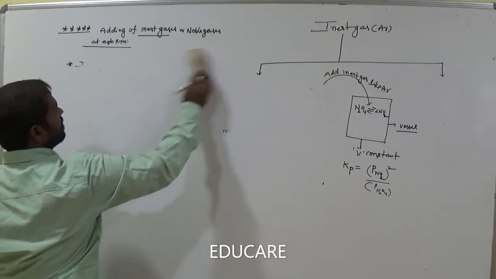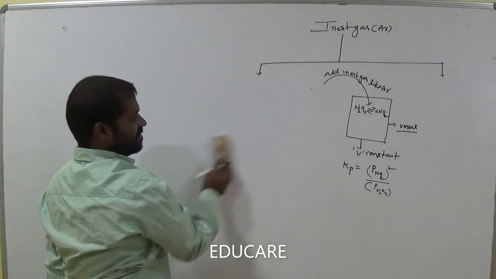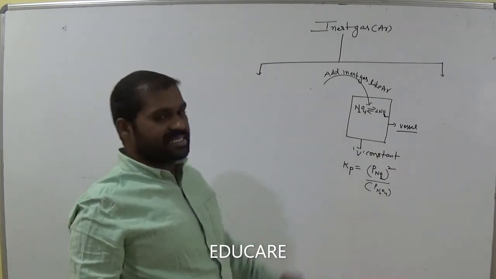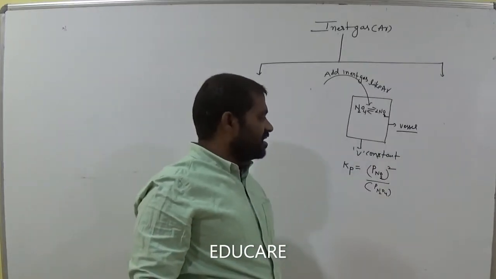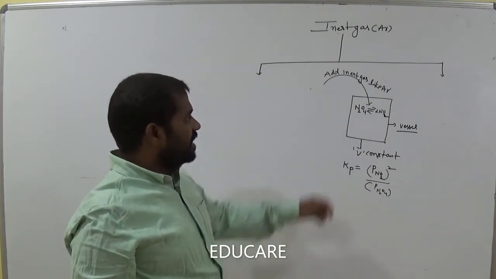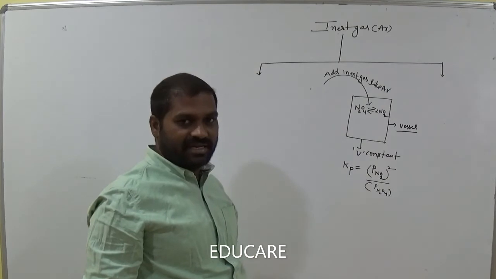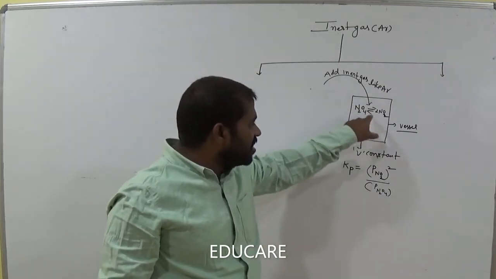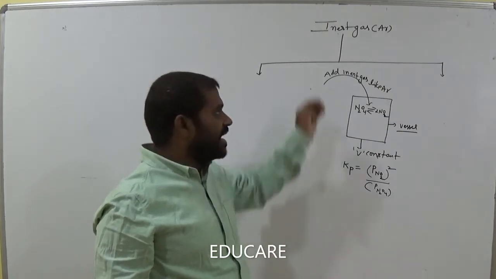Is it clear? We know how to write Kp and Kc. Here we are discussing gases and pressure. Volume is constant. Then we add inert gases to the given equilibrium in the container. Now is there any change in the equilibrium position? Change means either forward or backward by adding inert gases.